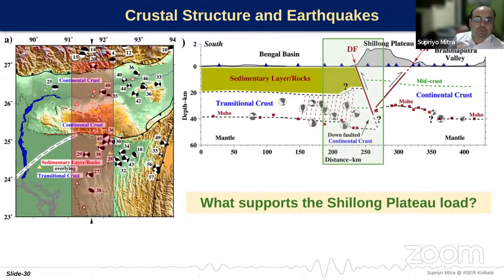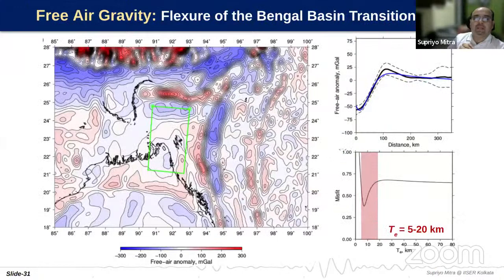And for that, what we do is we do flexural modeling using gravity data. So what I'm showing you on the left is the free air gravity map. The free air anomaly is red when it's positive and blue when it's negative. So what you can clearly see on the Shillong Plateau is that the free air is positive, and south of it, you have this negative. So if the Shillong Plateau is without a crustal root, obviously you'll have positive free air gravity, which tracks the topography.